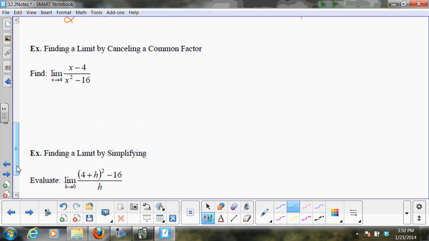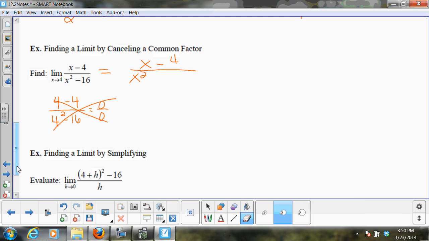This bottom one, if you plug in 4 to the denominator, you'll get 0. If you plug 4 into the numerator, you still get 0, right? Which means you need to somehow reduce this stuff. So we have x minus 4 on top. Oops. Double bubble the bottom.